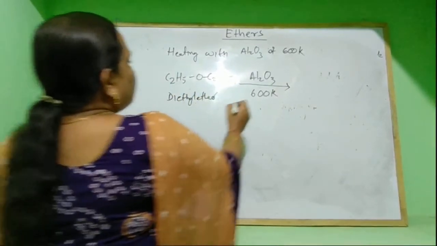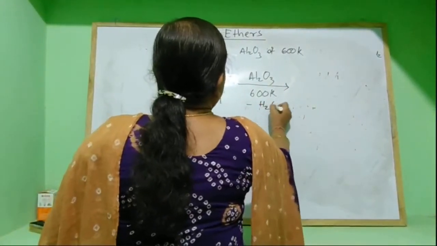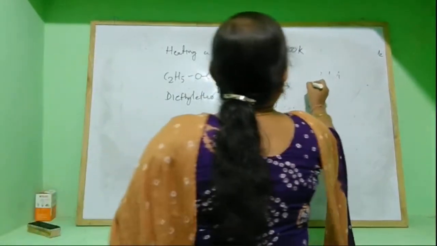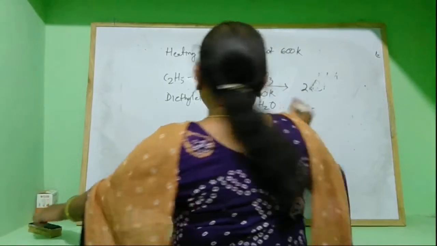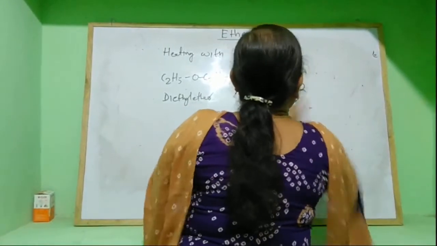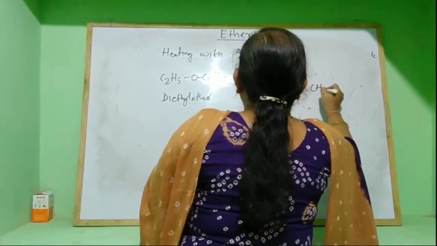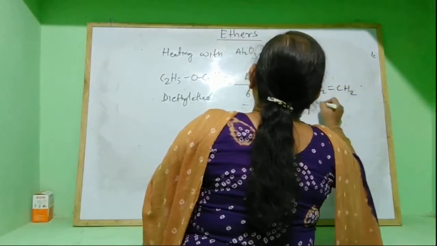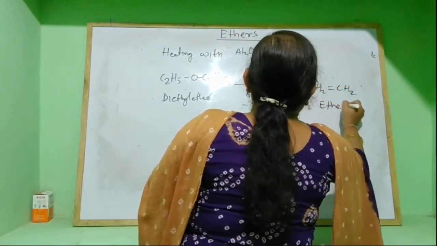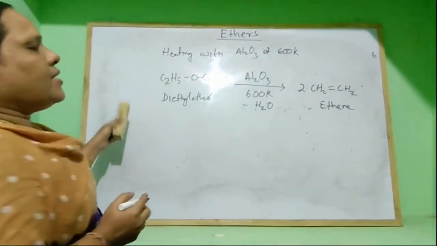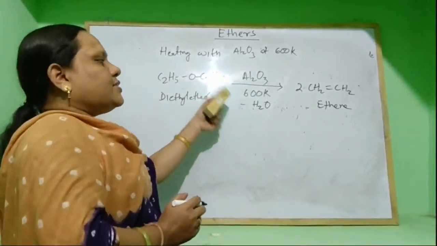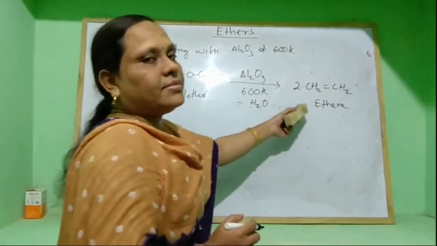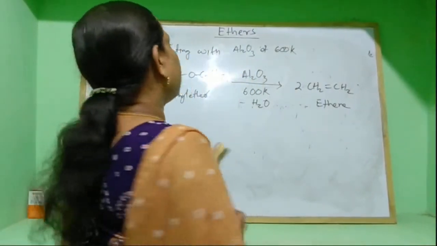Here elimination of water takes place and it forms CH2=CH2, ethene. So when an ether is heated with aluminium oxide at 600 Kelvin, it forms ethene.